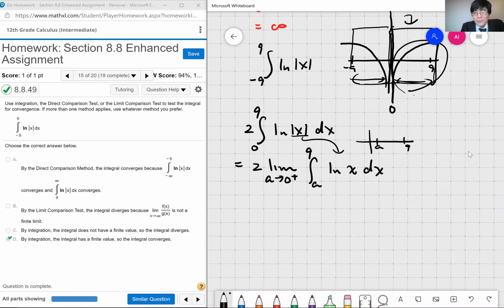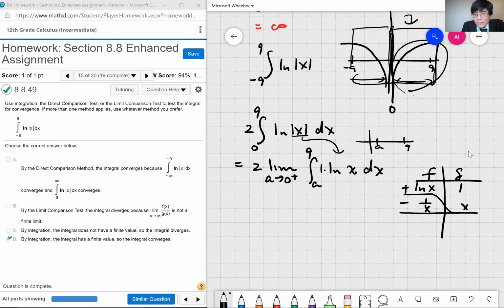The integral of log x is a typical example of using integration by parts. So put ln x here and make it 1 times ln x, and use the integration by parts technique. It's going to be this times this minus the integral of this times this, which is x.